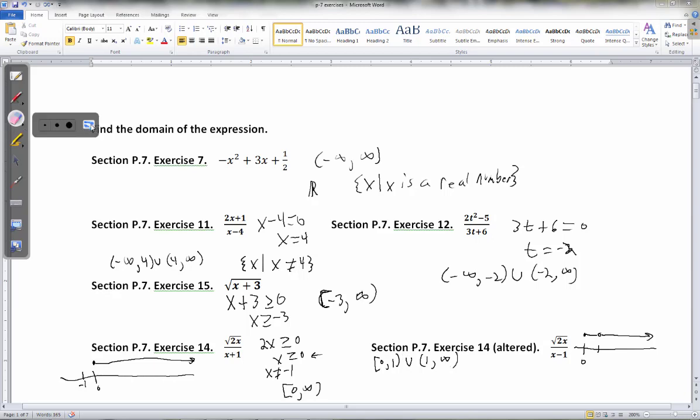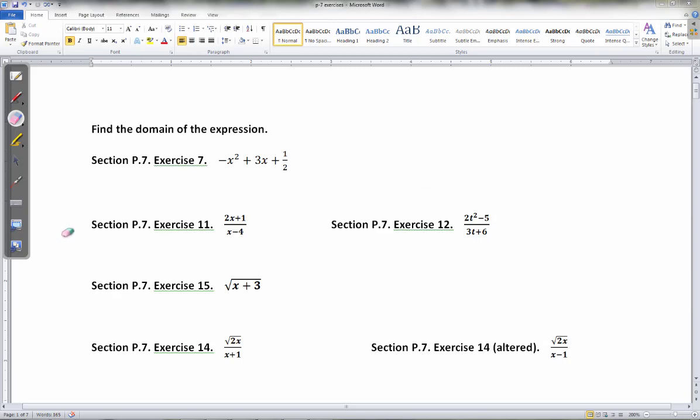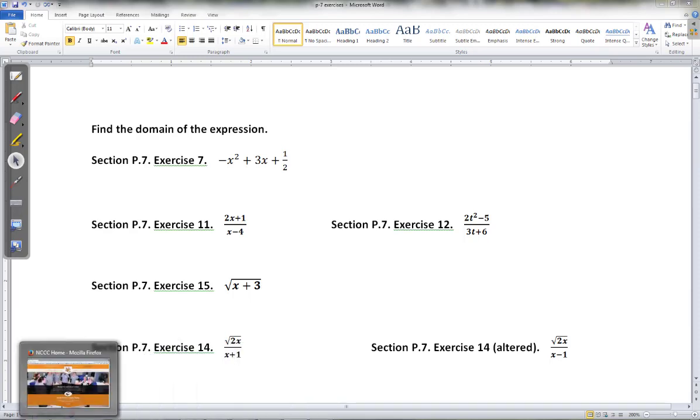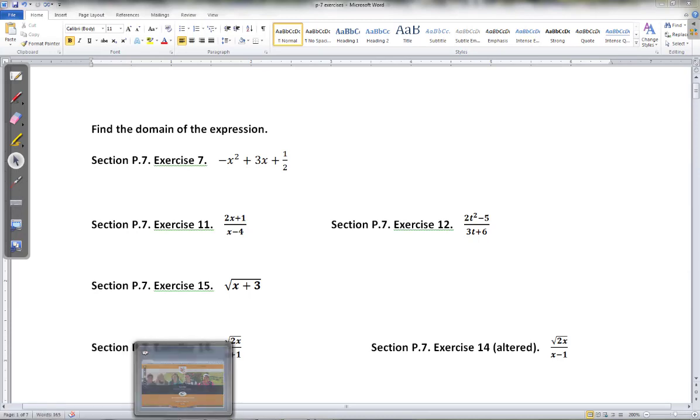Just really have to keep those two conditions in mind. If you have an even root, you need the inside of the even root to be non-negative. And if you have a rational expression, you need to make sure the denominator is not 0.